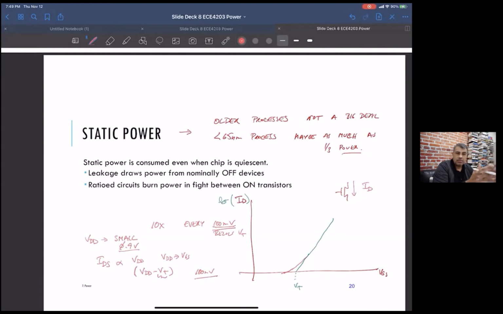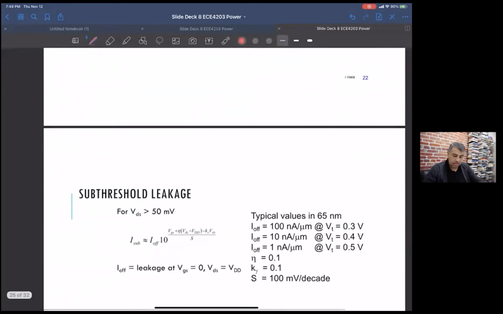It's a little hard to grasp, but basically the drain-source leakage current is very dependent on how many millivolts you are below your threshold value, and you get significant drops in that leakage current as you go below it. You get a factor of 10 drop every 100 millivolts. It doesn't matter what process you're in. Let's see, we've got an equation here somewhere.